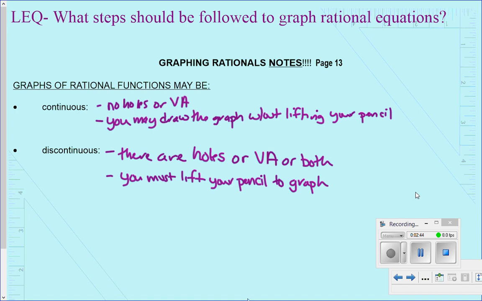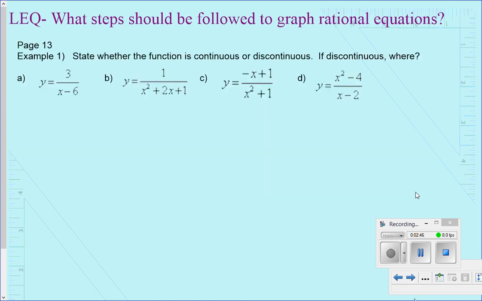Okay, so the next thing we did, a little bit lower on the page, we have these examples. For example 1, we're supposed to figure out whether the graph is continuous or discontinuous, and if discontinuous, where. I'm looking at that equation, and it should look familiar from yesterday. We have a number in the numerator and an x in the denominator. We know that graph is a hyperbola.